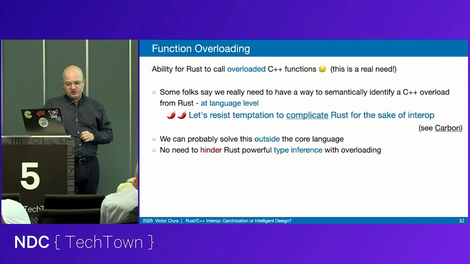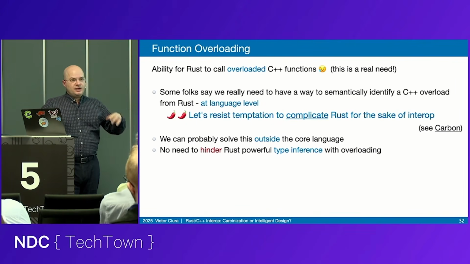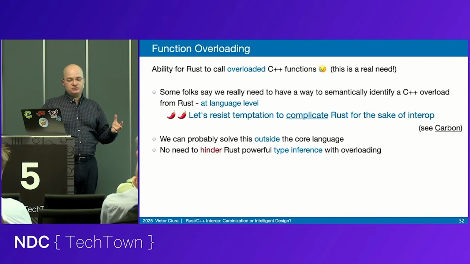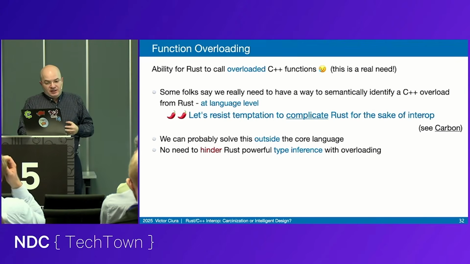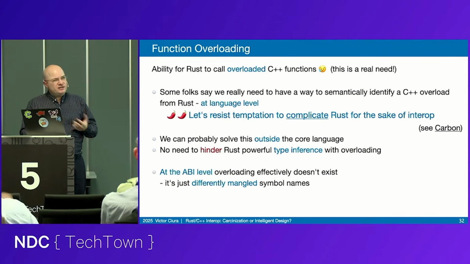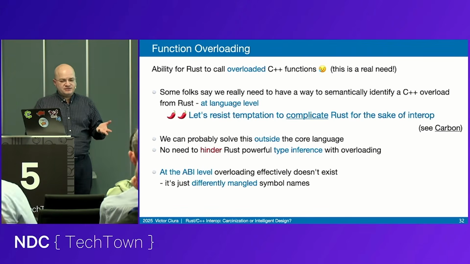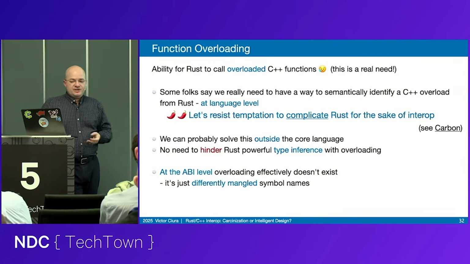By the way, messing with overloads on the core language side in Rust would destroy a lot of the power of the type inference system. So it would become much harder to do type inference. And if you think about it, at the ABI level, overloading effectively doesn't exist. It's just differently mangled names.